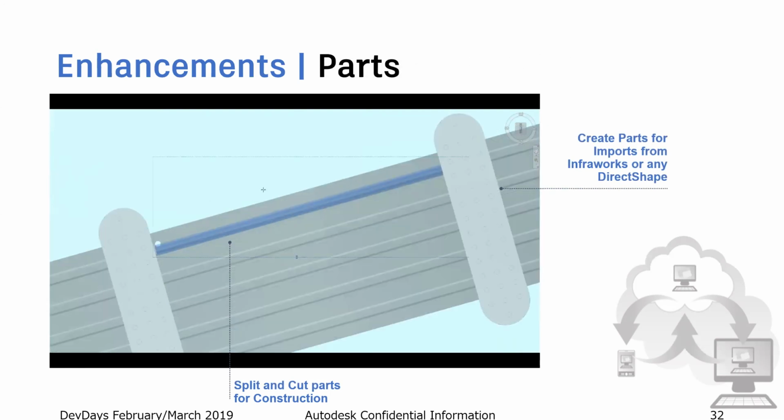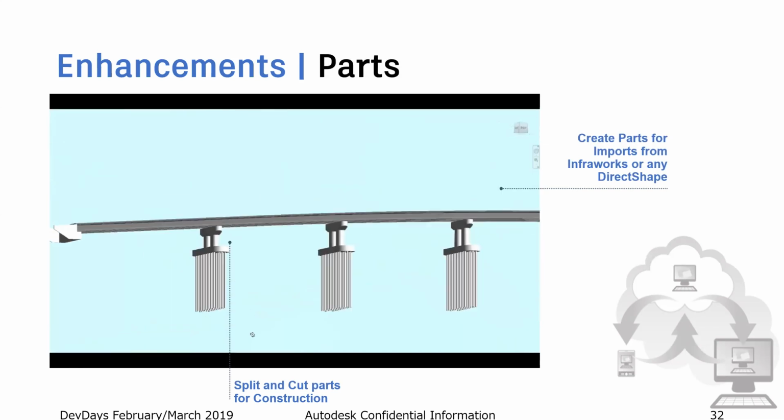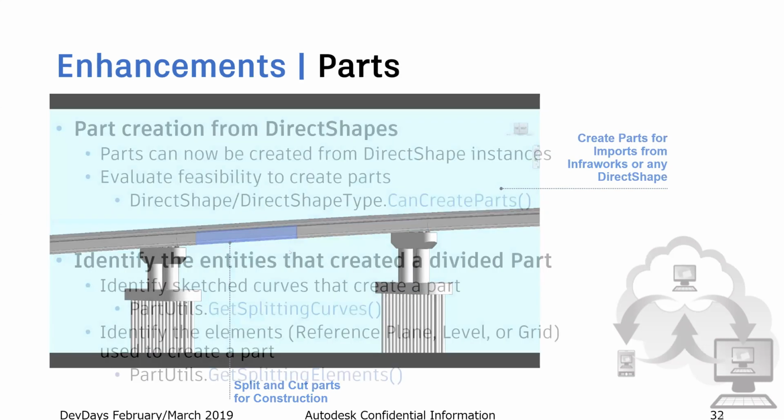And we are supporting that by basically enabling the creation of parts, subdivision of those big objects that are brought in as direct shapes, and then taking advantage of a lot of the capabilities of parts to complete and modify those direct shapes.